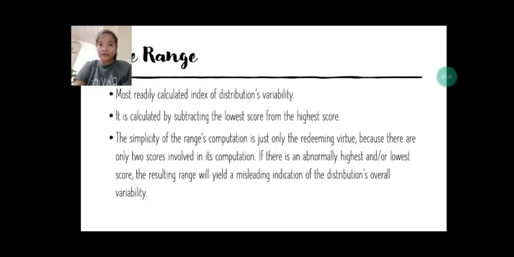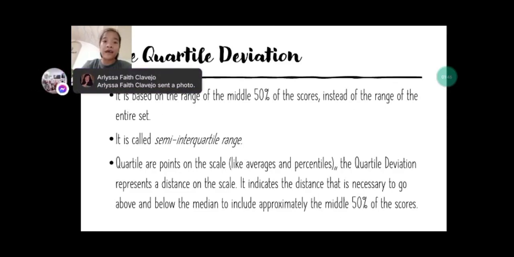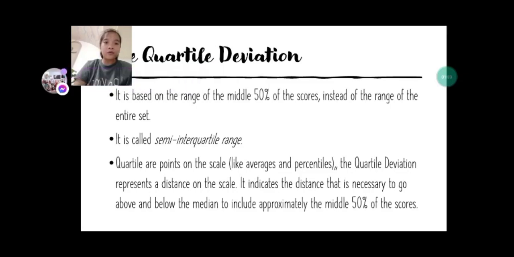Second, the second measure of variability is the quartile deviation. The quartile deviation is based on the range of the middle 50% of the scores instead of the range of the entire set. It is the semi-interquartile range.